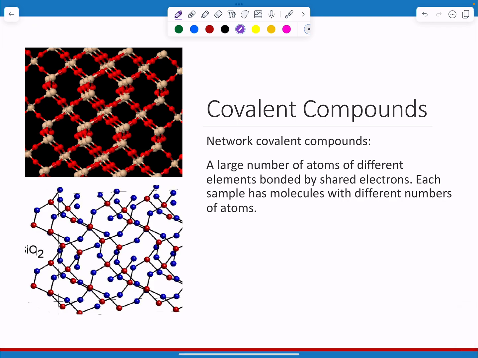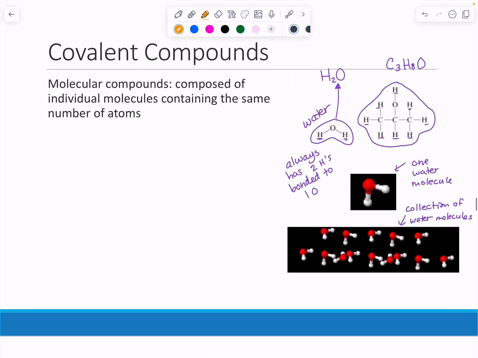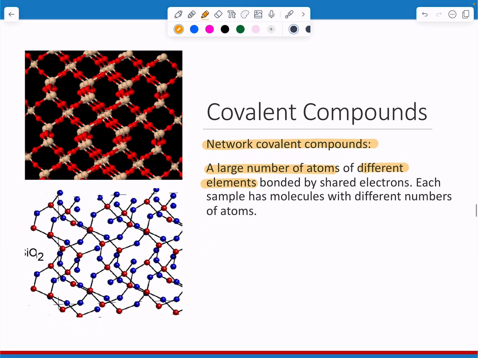So I mentioned there's something called a network covalent compound. All right. And so what network covalent compounds are is when we have a very large number of atoms and we have different elements and they're bonded again, just like in water where we have the oxygen and the hydrogen sharing electrons. They're going to be bonded by shared electrons.